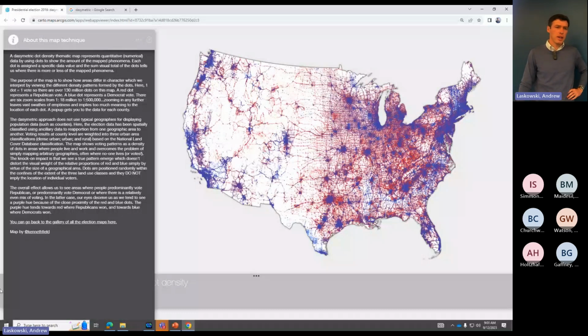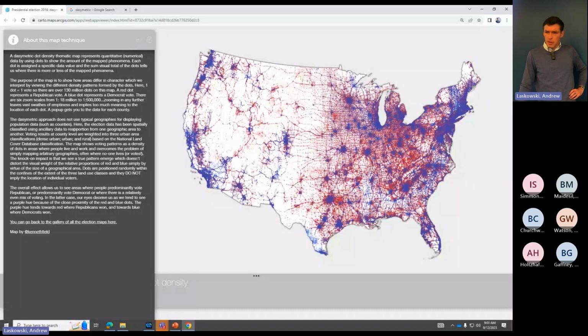So a red dot represents a Republican vote and a blue dot represents a Democrat vote. But another way we could make this map a little simpler, and maybe help with the visualization, is to have a scale factor. You could say one dot is 10 votes for both parties, and it would be a little bit simplified.